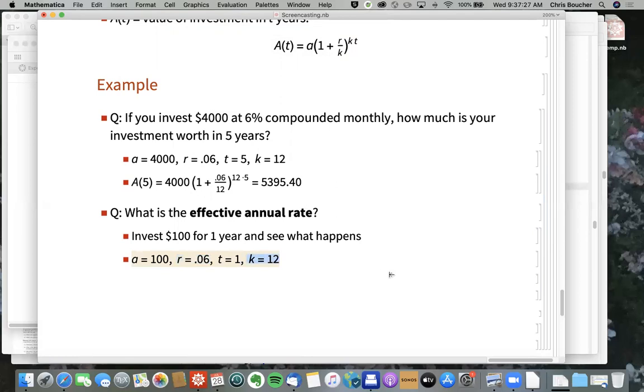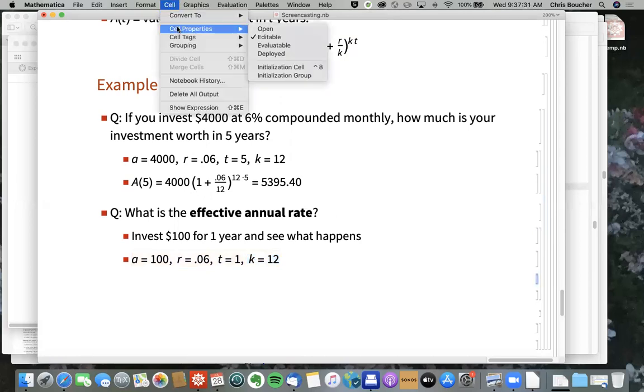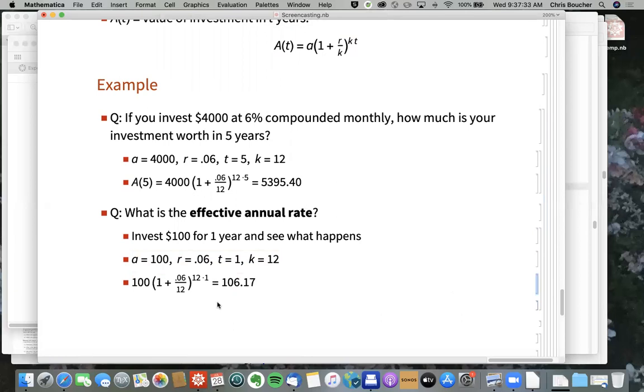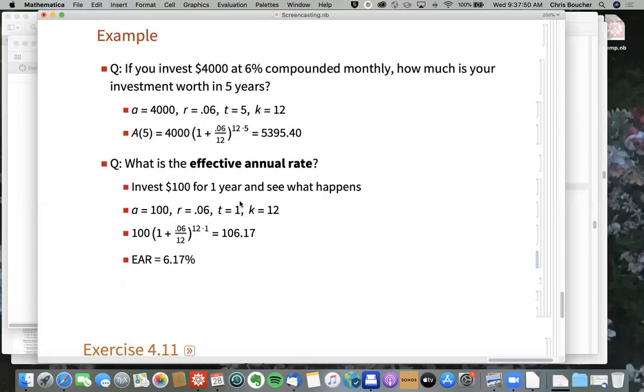We're talking about 6% monthly, so R is 0.06 and K is 12. Load those into the formula. I come out with this. So my $100 grew to $106.17. And because I started with $100, I'm looking at the percent change. It changed by 6.17%. And so that is the effective annual rate, 6.17%.